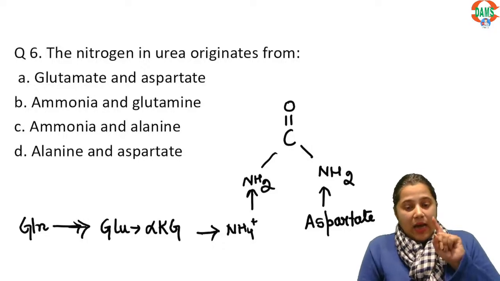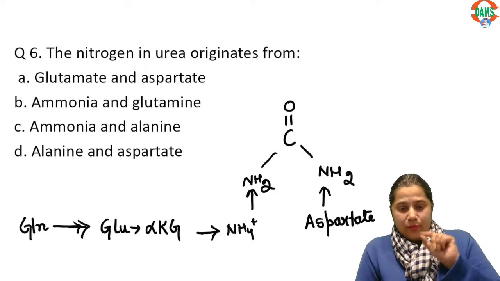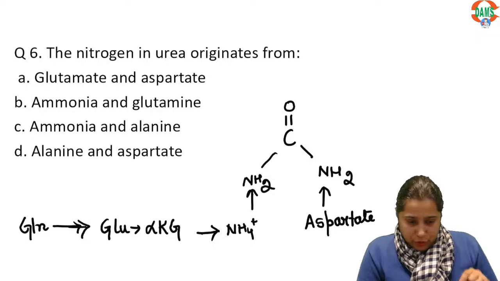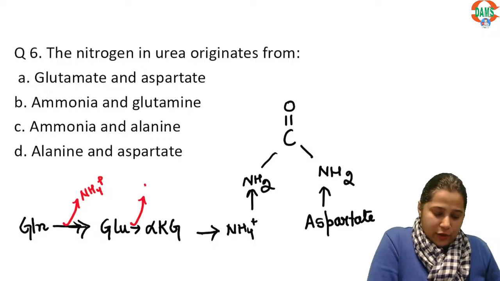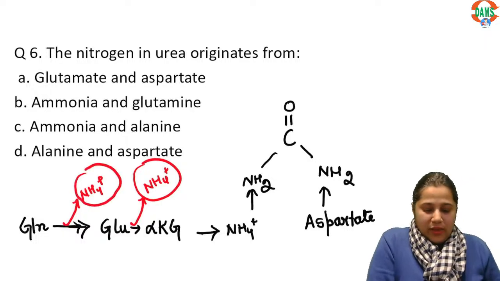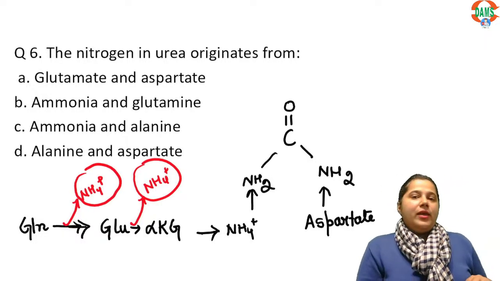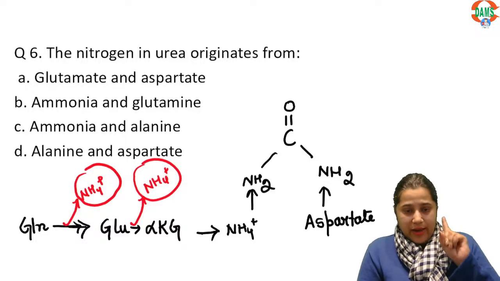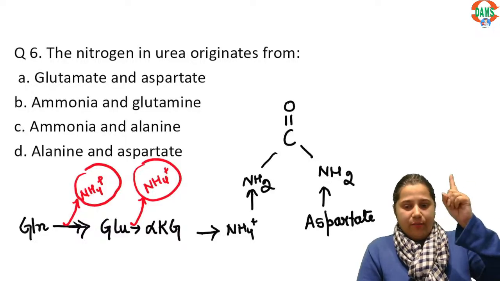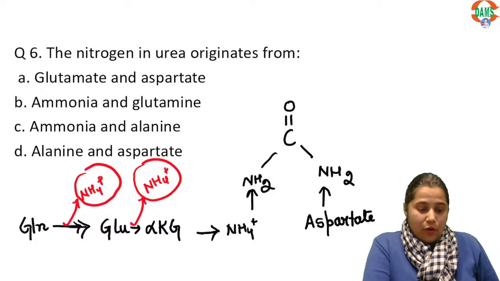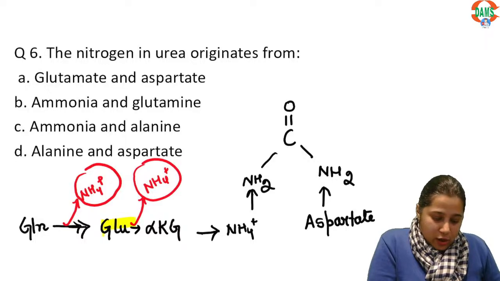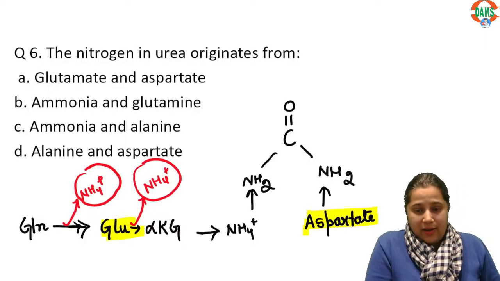So during both these steps, when glutamine is getting converted to glutamate, there is release of ammonia. And when glutamate is converted to alpha ketoglutarate, there is release of ammonia, and both these ammonia will enter the urea cycle. It will react with carbon dioxide, the first step of the urea cycle. So in the given options, option 1 is saying glutamate and aspartate.